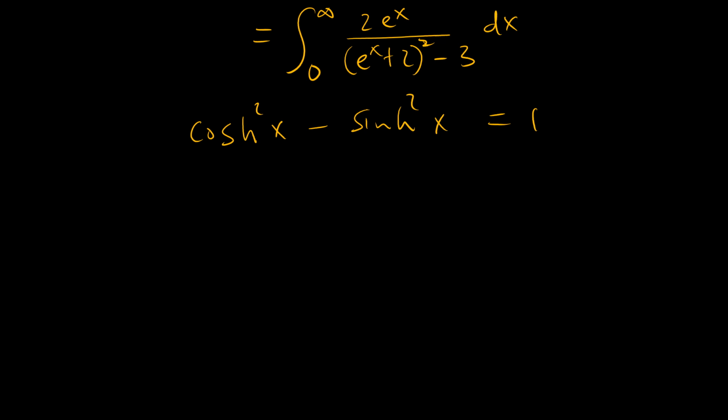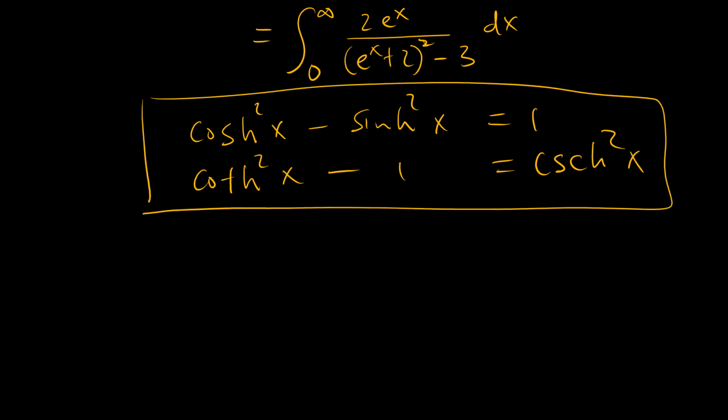Hyperbolic cosine squared x minus hyperbolic sine squared x is equal to 1. Divide through by hyperbolic sine squared, we get hyperbolic cotangent squared x minus 1 equals hyperbolic cosecant squared x. So using this identity, we can substitute with cotangent, obviously taking into account this constant here, and be able to obtain a more easy expression of cosecant.